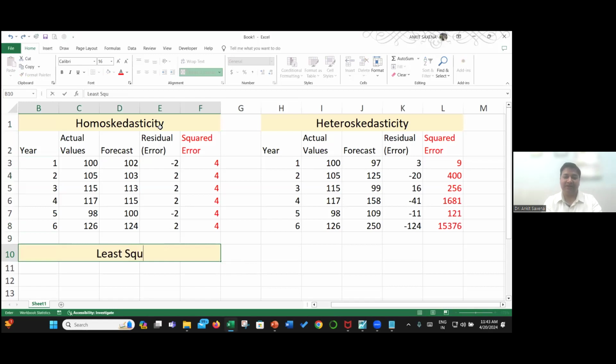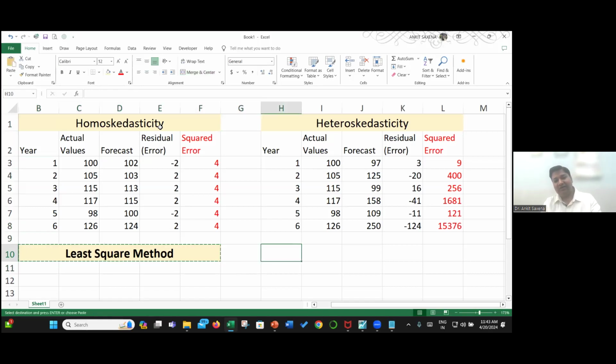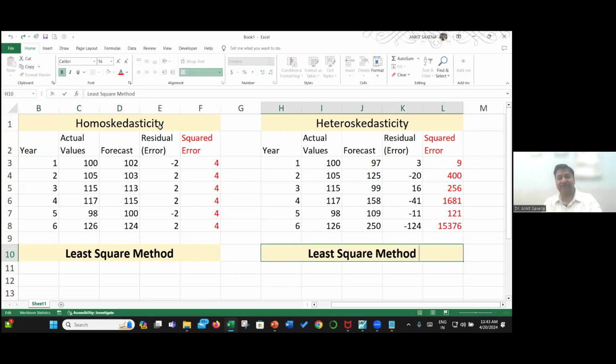So then you should be using least square method, because you are good to go, as least square method assumes that the squared errors we get will have a consistent variance. But if you have heteroscedasticity, then least square method cannot be used. This should not be used.